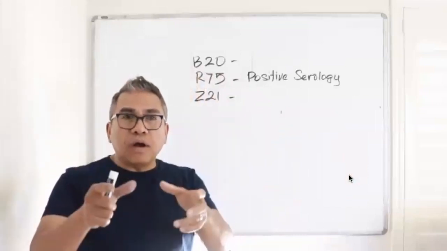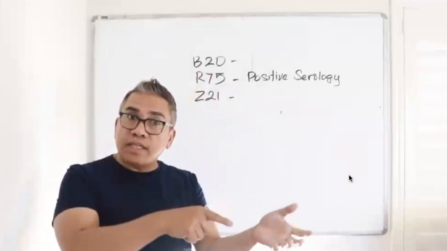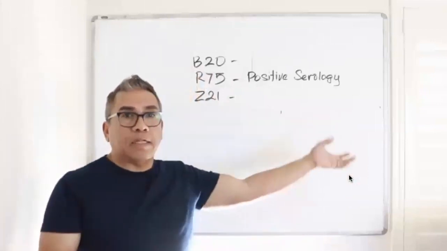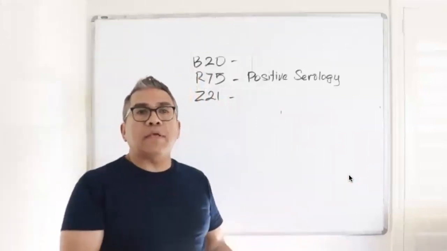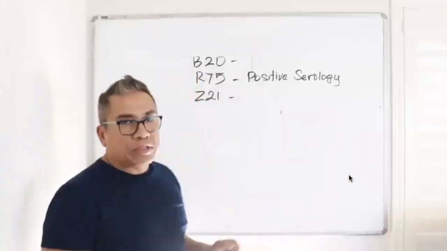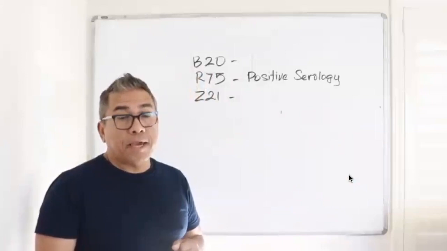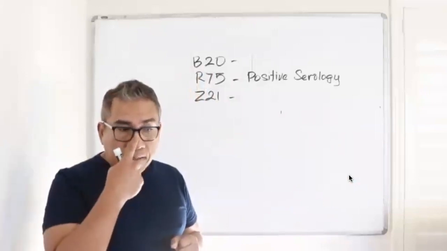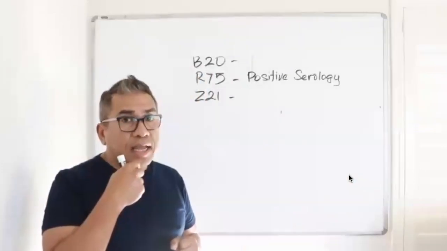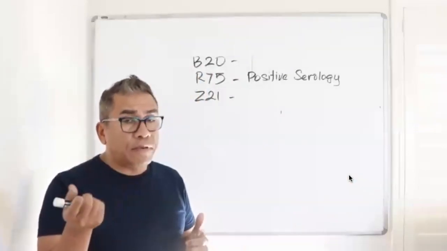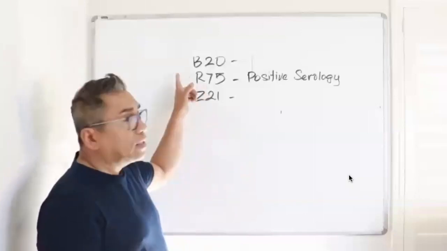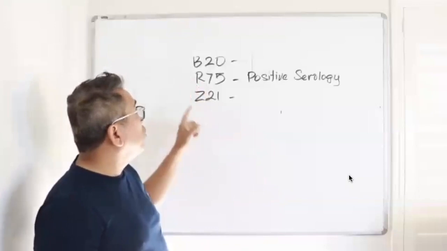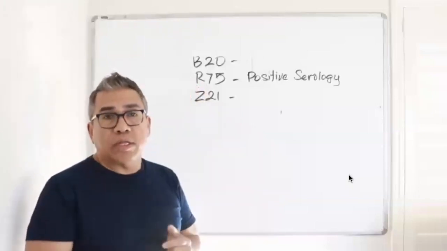Now, if you are the coder, once you see this HIV-related history of the patient, like the patient had pneumonia because of HIV, you automatically assign the B20. Now, if a patient does not have any history of HIV-related admission, you cannot assign the B20, but you assign the Z21.